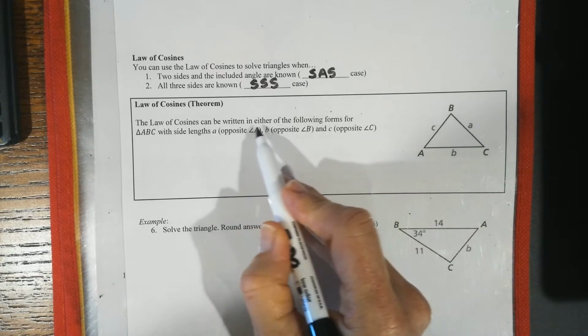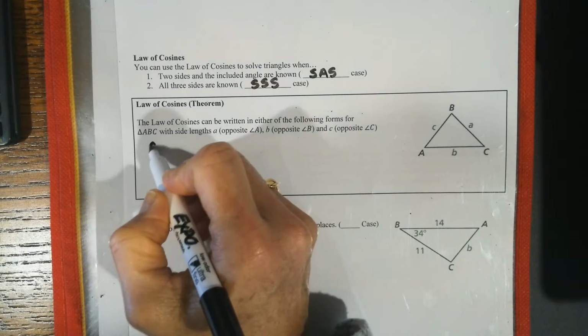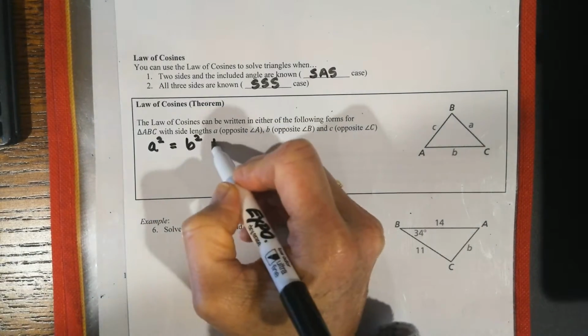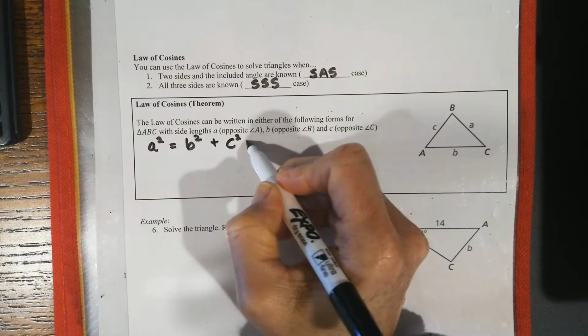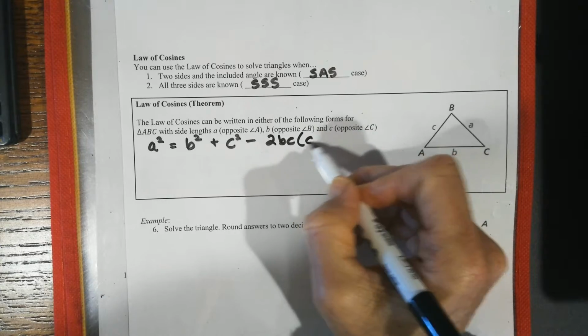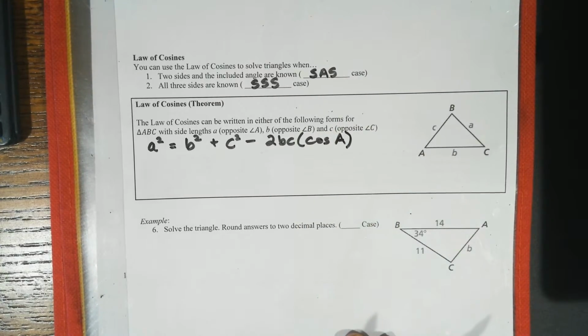The law of cosines can be written in either of the forms, depending on what you want to find. A squared equals b squared plus c squared minus 2bc times the cosine of capital A. So it follows a pattern.